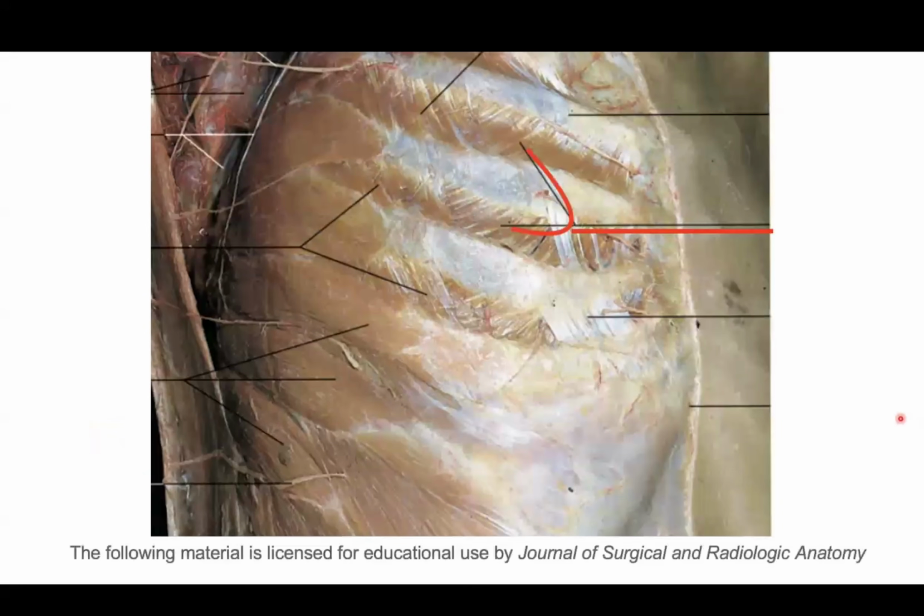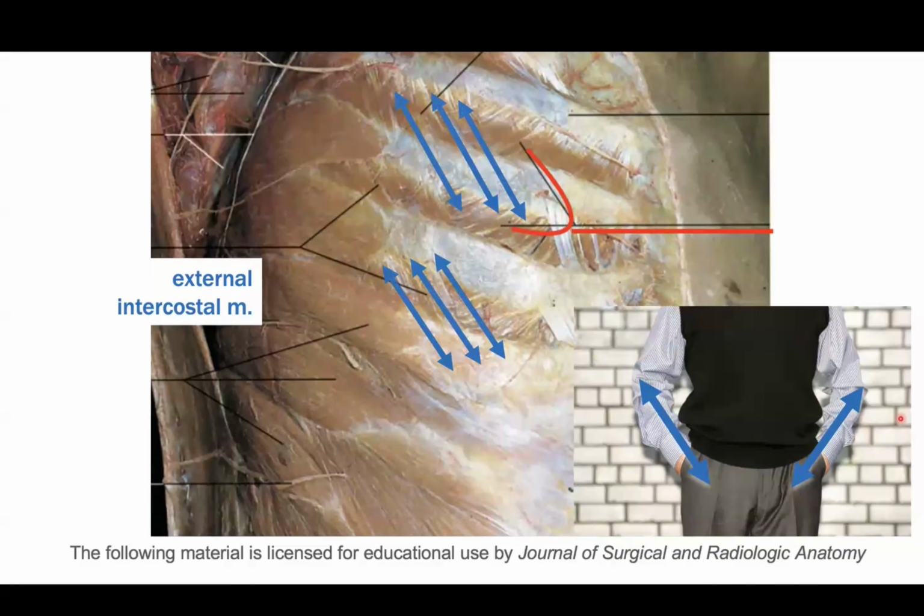There's a few details that'll help you distinguish the internal and the external intercostal muscles, especially in lab. If you're trying to identify the external intercostals, you're gonna want to try looking for fibers that go down and in. You're thinking inferior and medial, down and in.